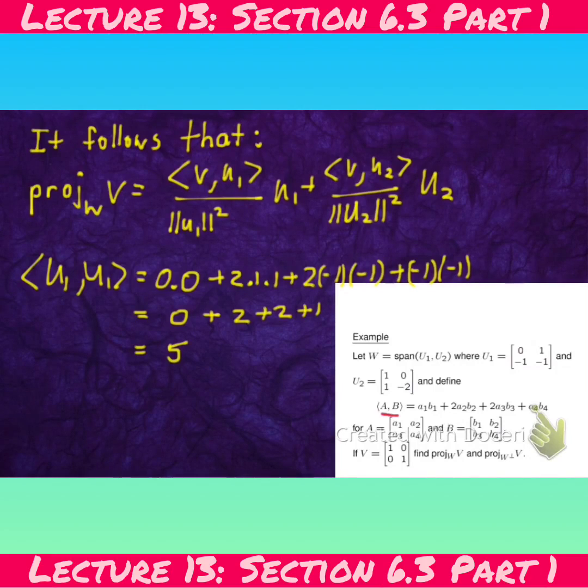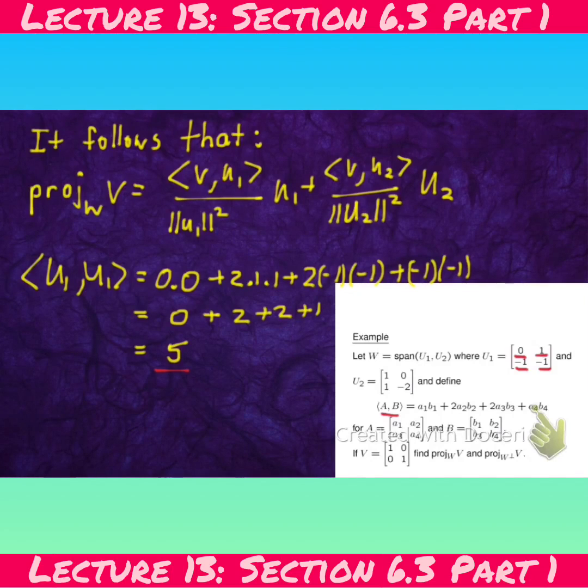You take this term and multiply it with that same term. Then to that you add this term multiplied by that term, because you're taking the inner product of u1 with itself. Then you add that to twice that term multiplied by itself, and then add that to that term multiplied by that term. Adding all of that together is going to give you 5.